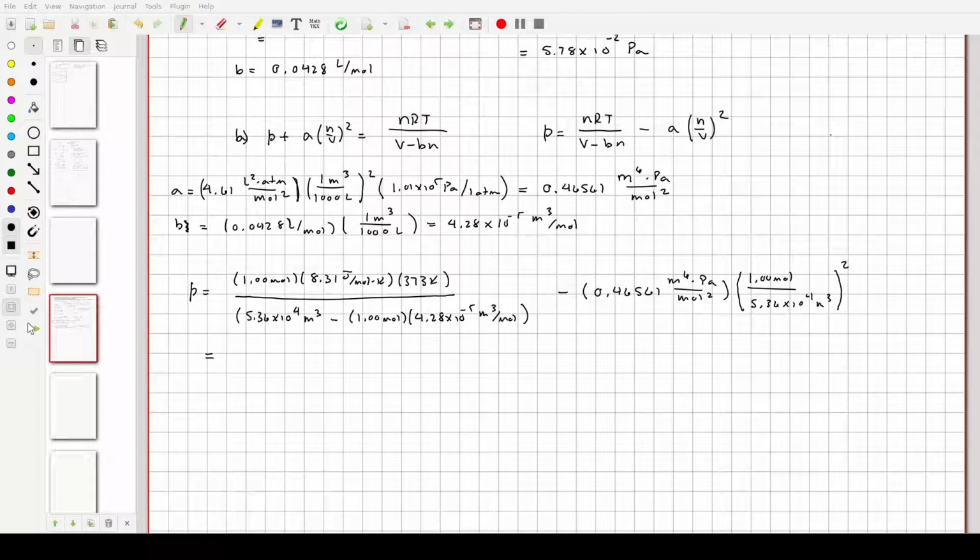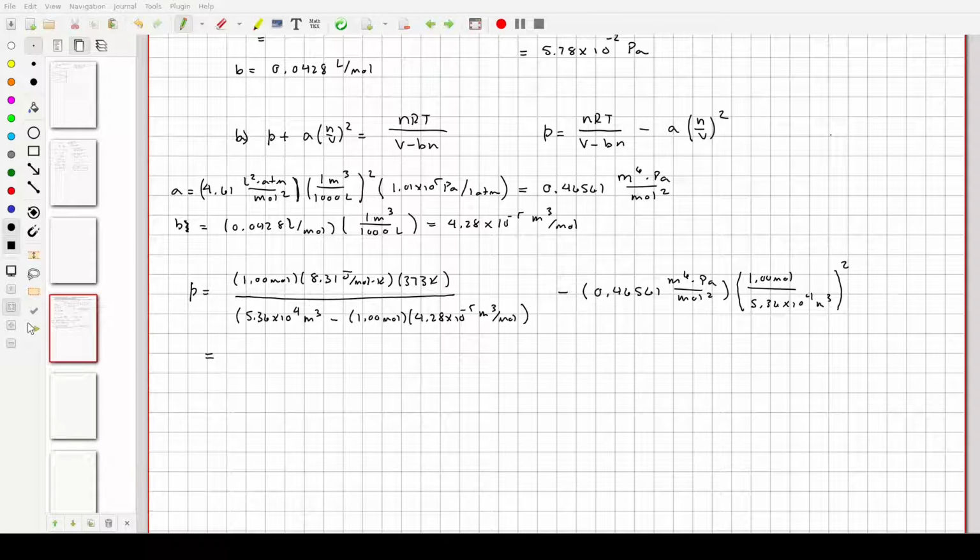0.46561. And then we have to divide that by 5.36 times 10 to the fourth. Whoops, let me backspace that, because I made a typo there. 5.36 times 10 to the fourth.